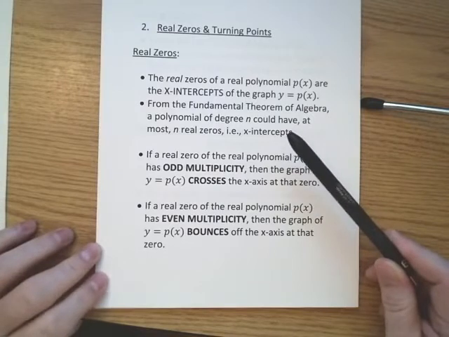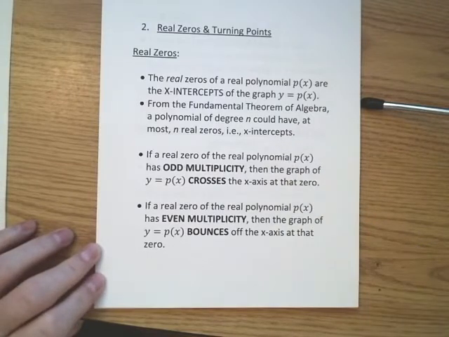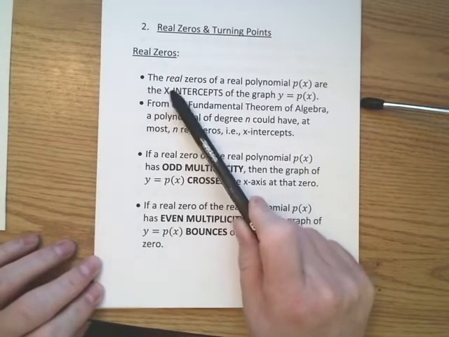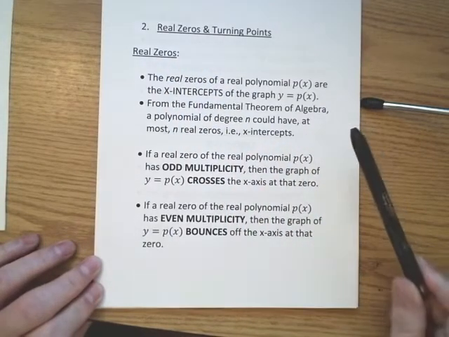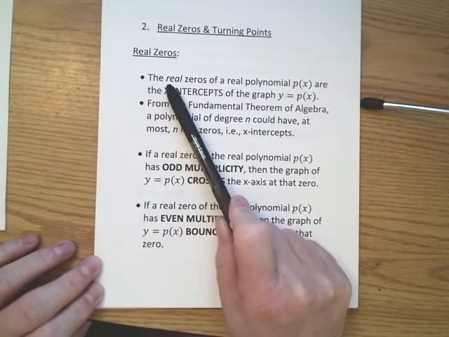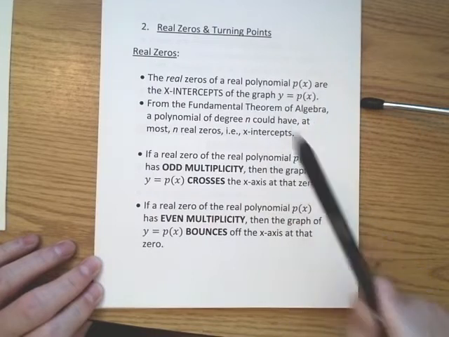If you think about when we're graphing here, we're just going to be graphing in the Cartesian plane, the regular xy plane. So that means x and y are going to have to be real numbers. When we talk about the zeros of a polynomial, all we're going to be concerned with as far as the graph goes are the real zeros of a real polynomial p of x.